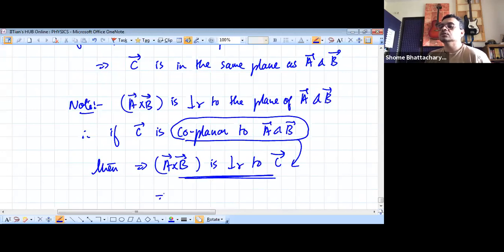Okay. So in other words, A cross B's dot product with C will become 0 as a scalar product. Dot product is a scalar, so we won't write it as a null vector. Okay, Shikhar, is it clear?